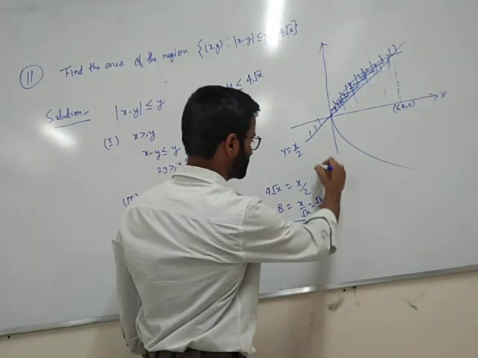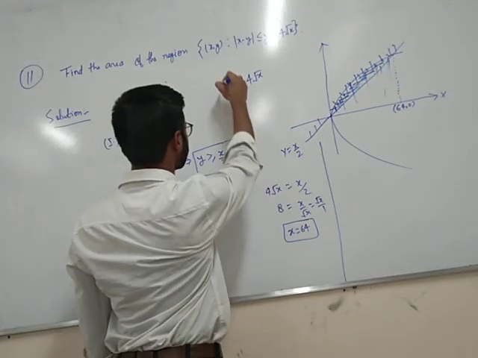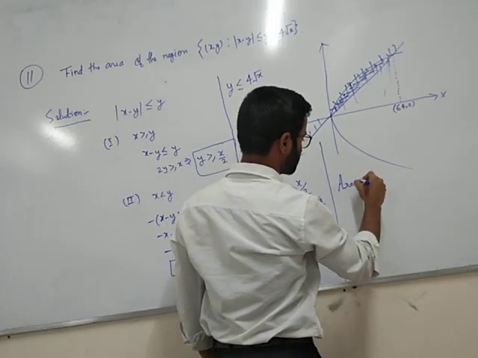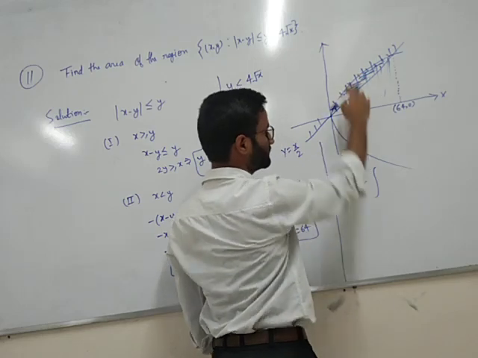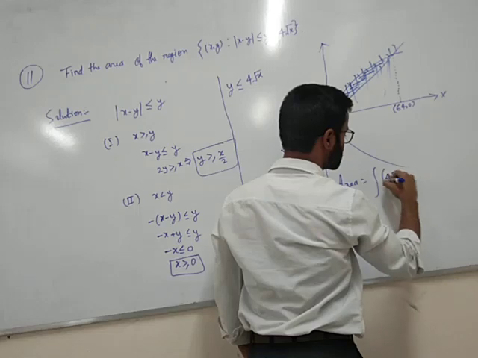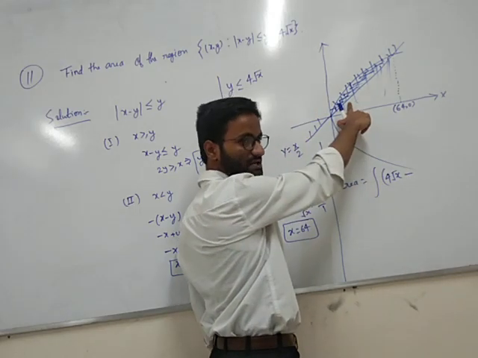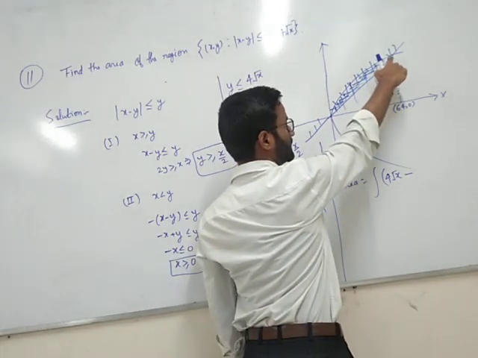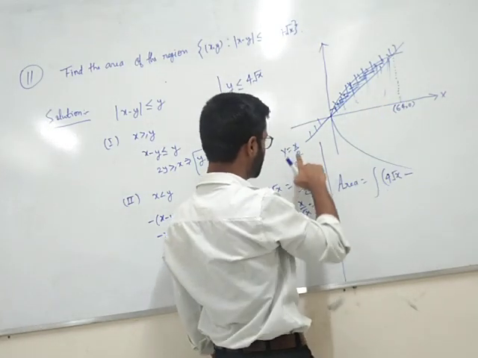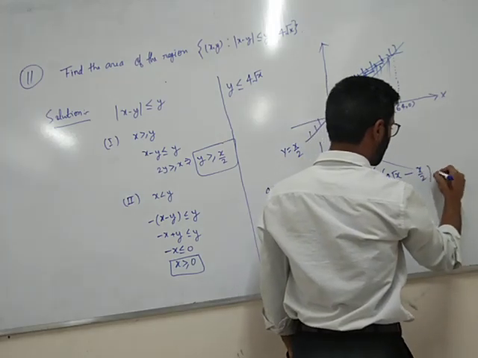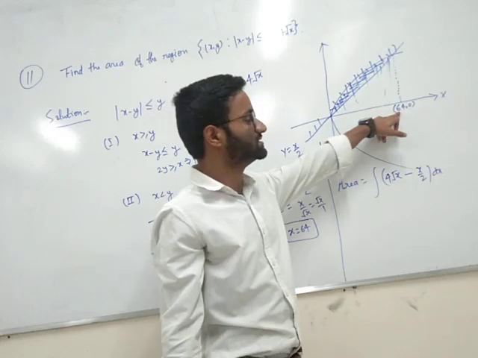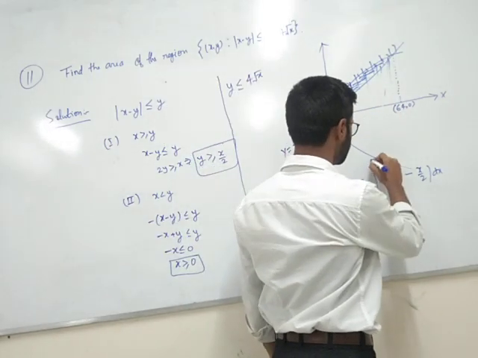Now we can find that area very easily. So area is going to be, first this graph, and this graph is 4 root x, minus this graph, because this graph will give the whole area. So we have to subtract this area, which is x by 2, dx. x is varying from 0 to 64. So 0 to 64.